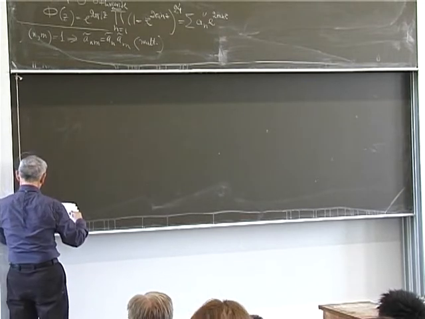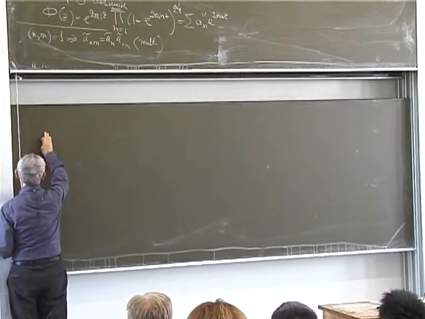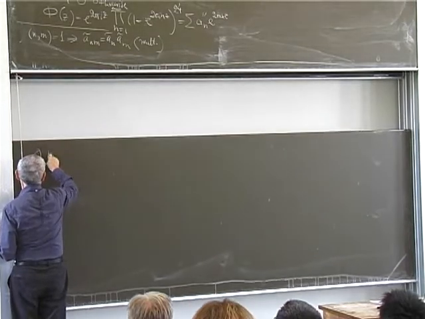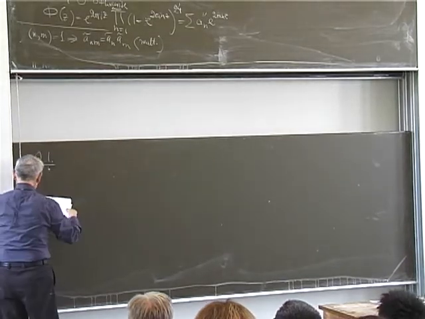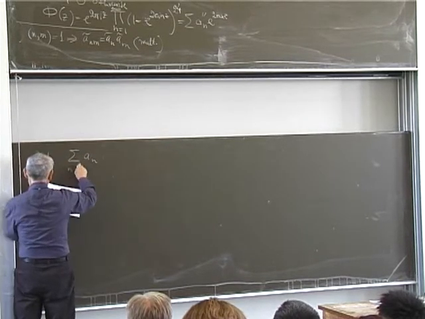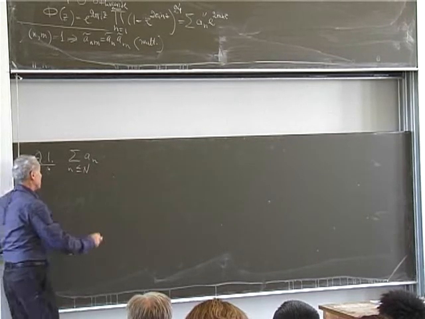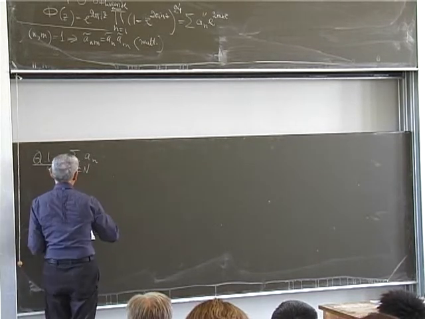Like, for example, what is the asymptotics of partial sums of coefficients when we take very many coefficients?